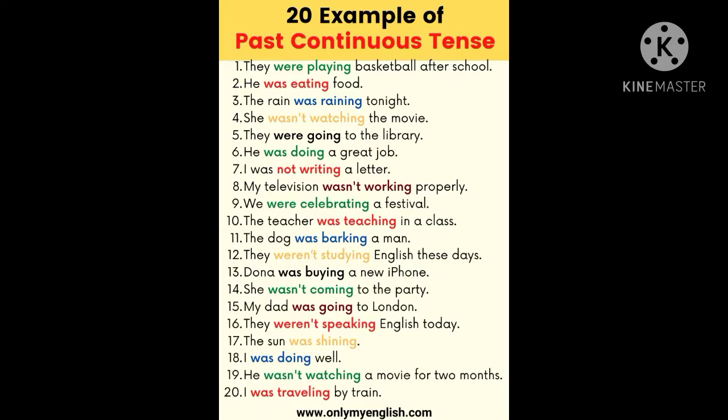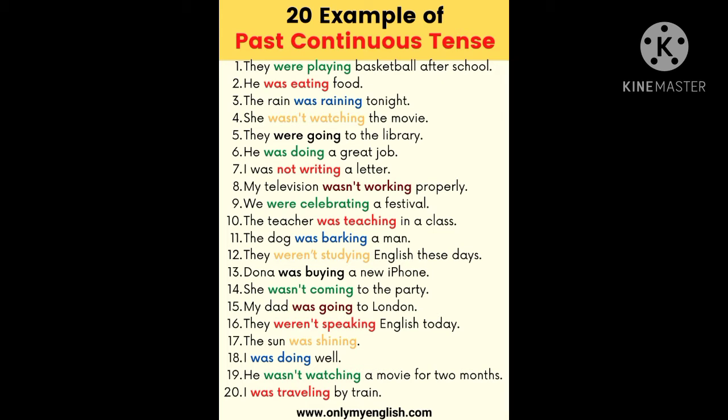Now let us look at a few examples. So here we have got some examples of past continuous tense. As I was telling, the structure for past continuous tense is subject plus was or were plus verb in the ing form plus object or rest of the sentence. They were playing basketball after school.